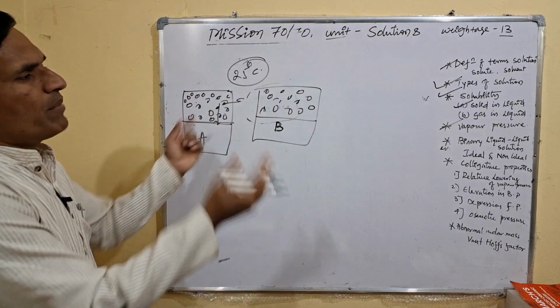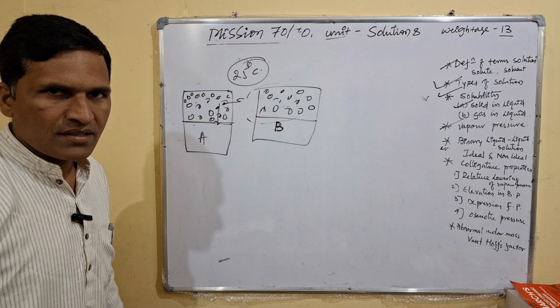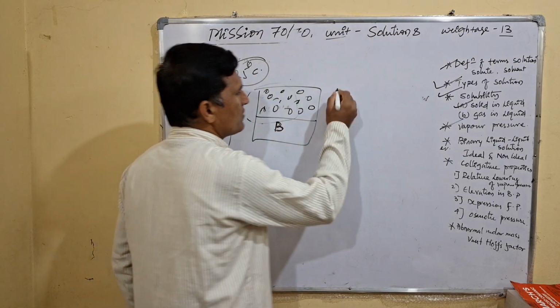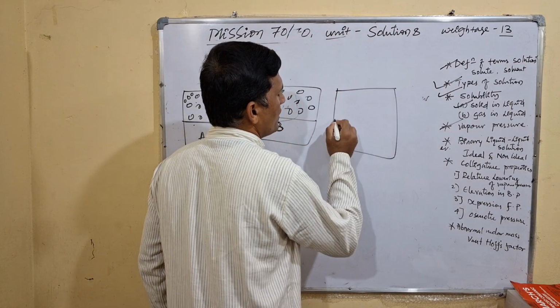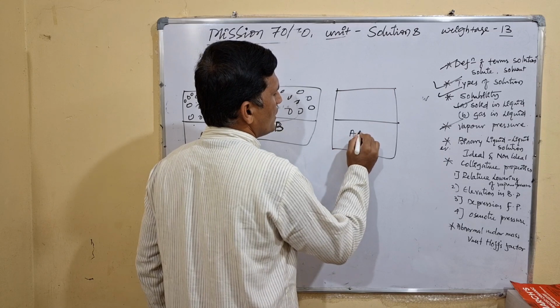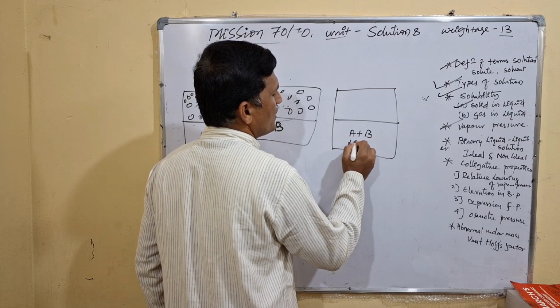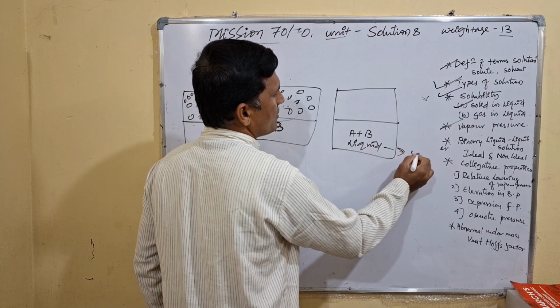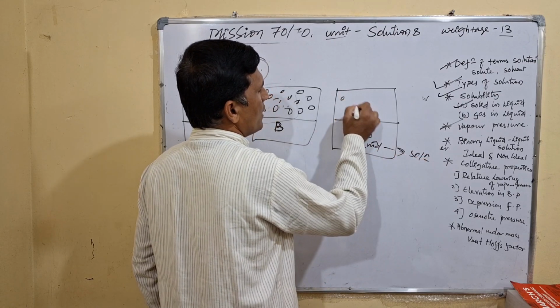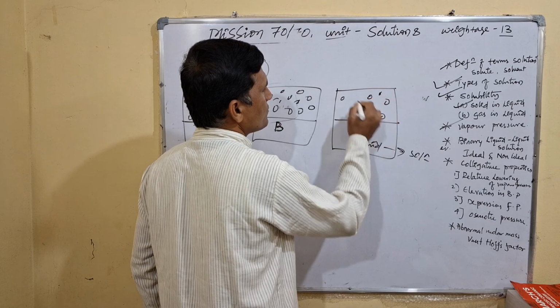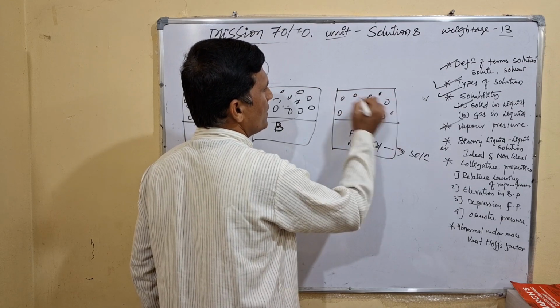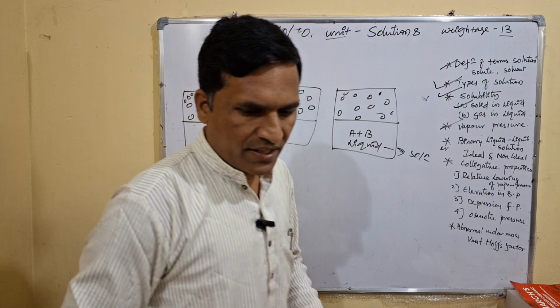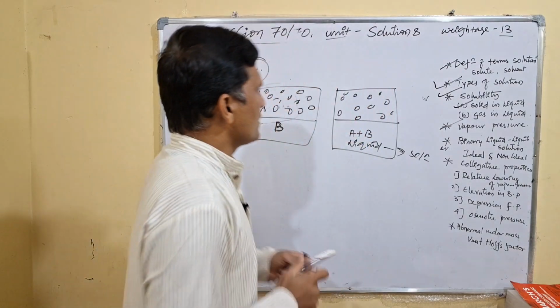Now when you make a binary solution, which means mixing liquid A and B, A plus B will be there in the liquid state. We call it a solution, and it will have the vapor form of both the liquids.